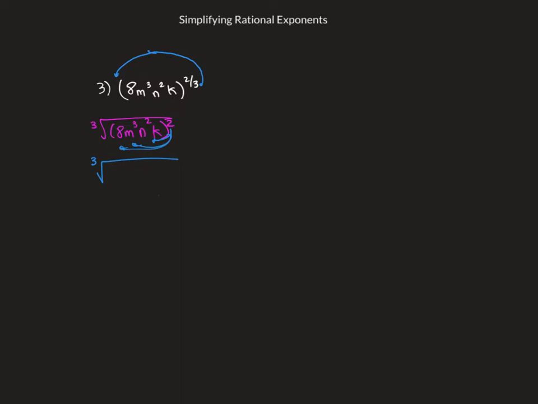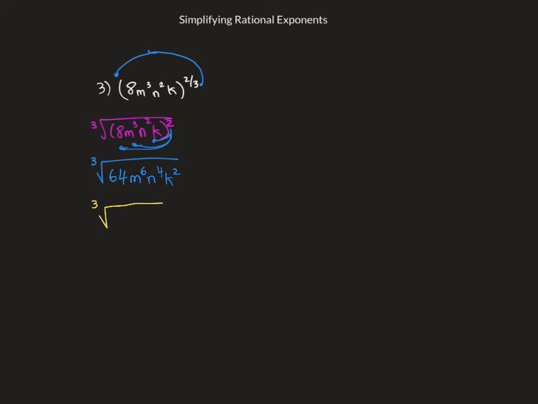So this will now become 64 m6 n to the power of 4 and k to the power of 2. Now that we've got here, we can just do the same grouping thing as we did in the last example. So let's just expand this.